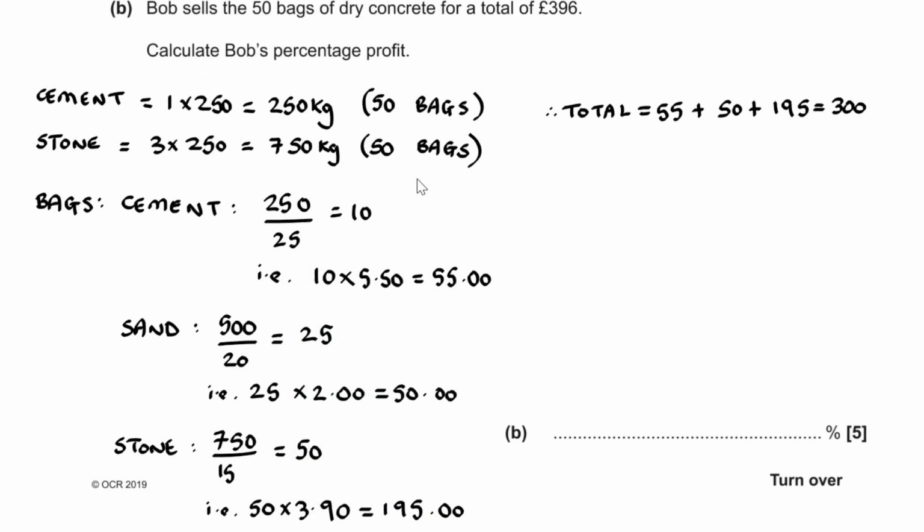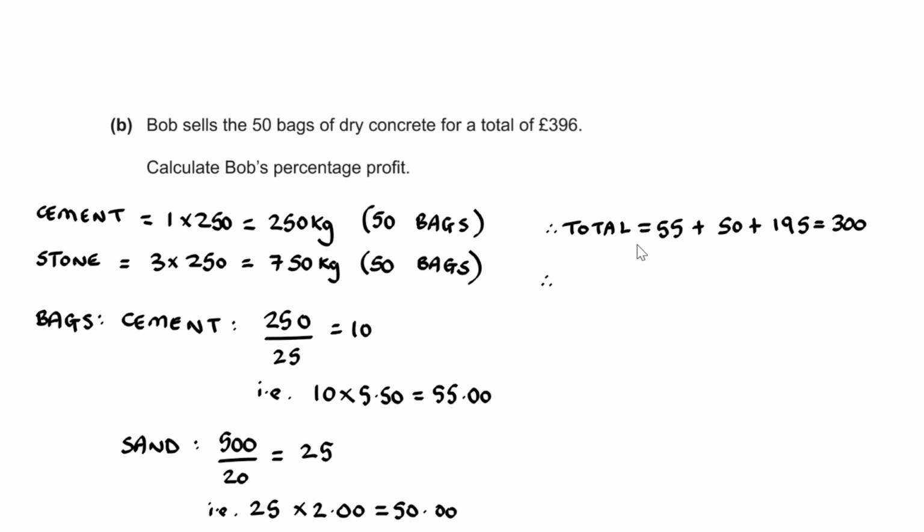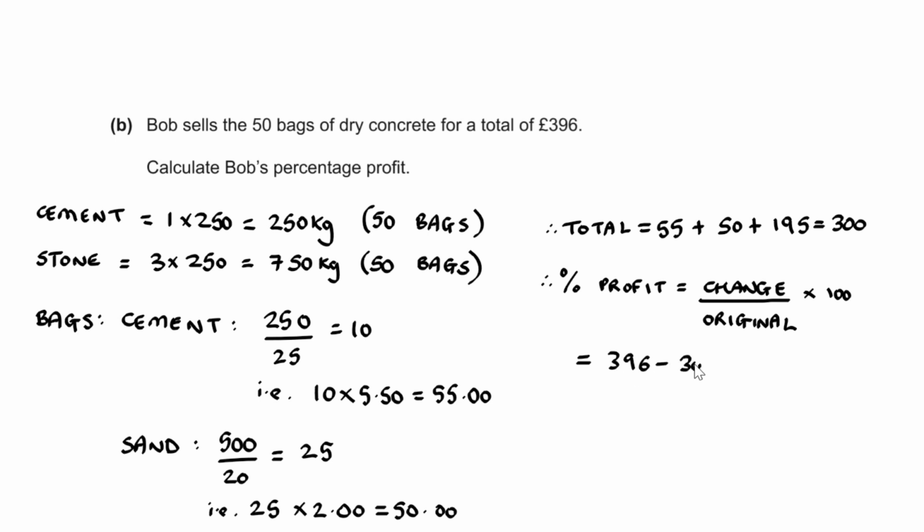So therefore, for the percentage profit, we would have the change over the original times by 100. So we've got the change, which is 396 take away 300, and then we divide this by 300, and of course times by 100 after.